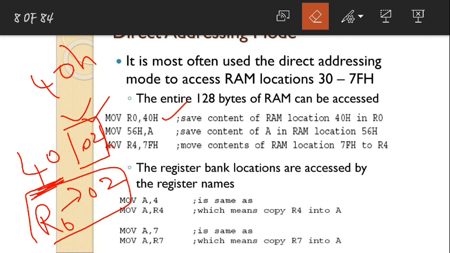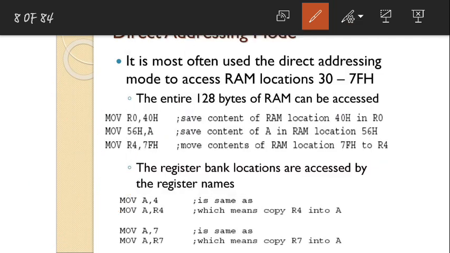Whenever there is no pound symbol, that means this is an address. Whatever is present in that memory location at that address, that value will be loaded onto the so and so register. Just see this comment: save content of RAM location 40H in R0.